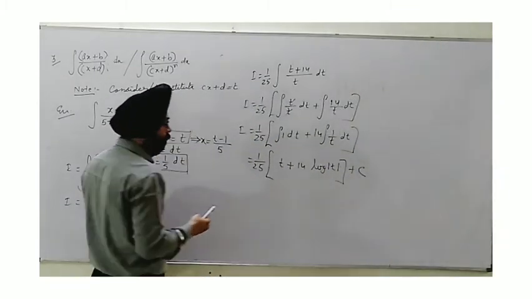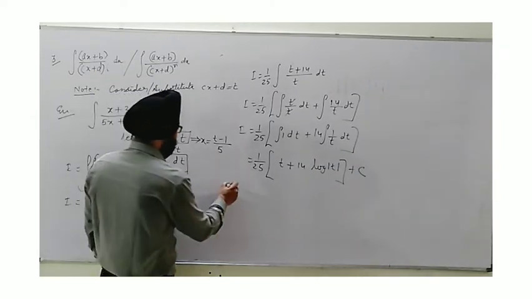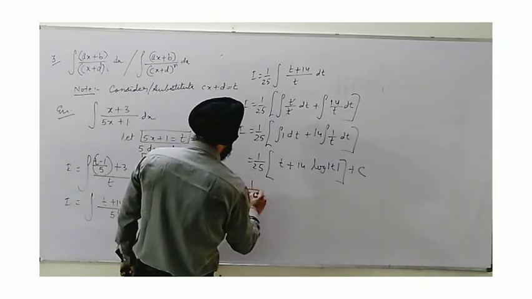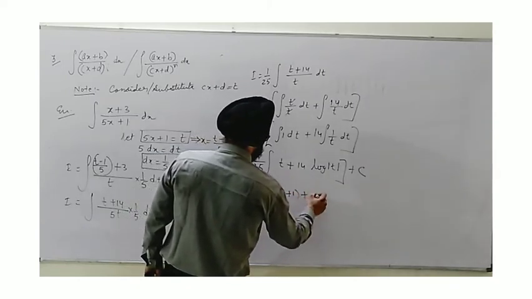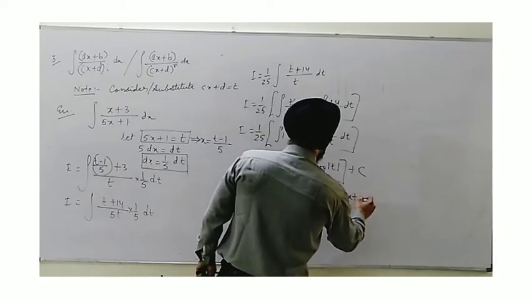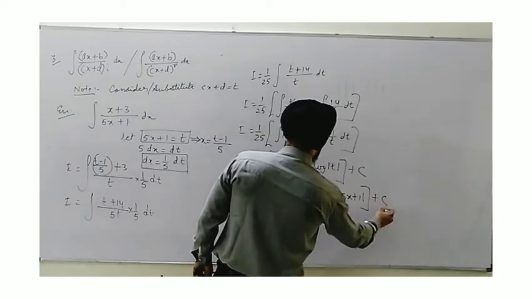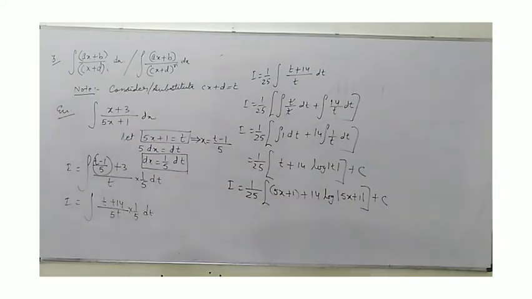Now we have to replace the variable by the original value 5x plus 1. So we get the integral as 1 upon 25 times 5x plus 1 plus 14 log of 5x plus 1, and whole plus c. This will be the solution of the given integral.